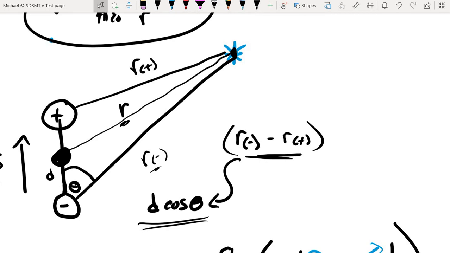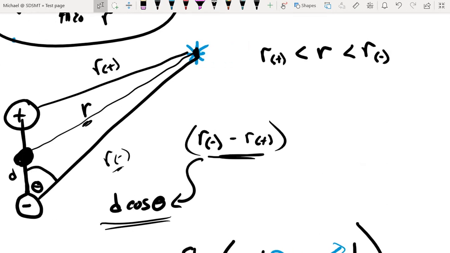Up in the diagram, if we were to categorize these R values in terms of actual length, R positive is the shortest of all of those lengths. R is sort of in the middle, and R negative is the longest. And we are taking a product of the shortest leg and the longest leg.